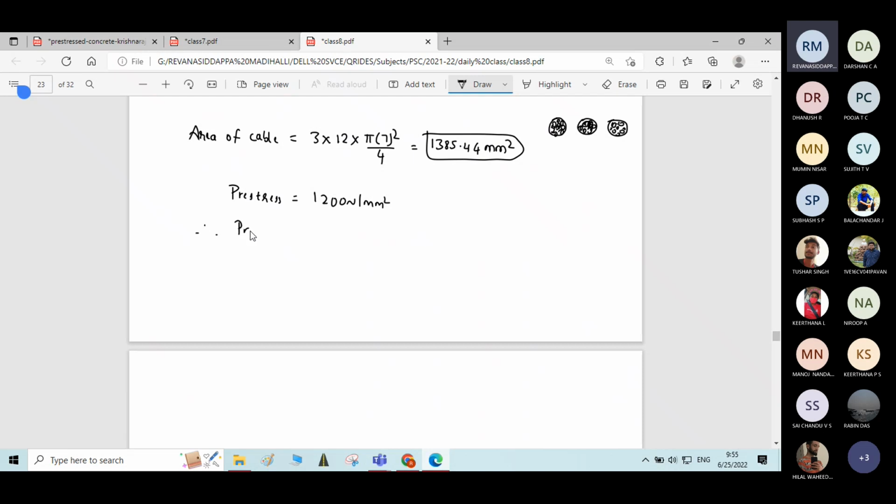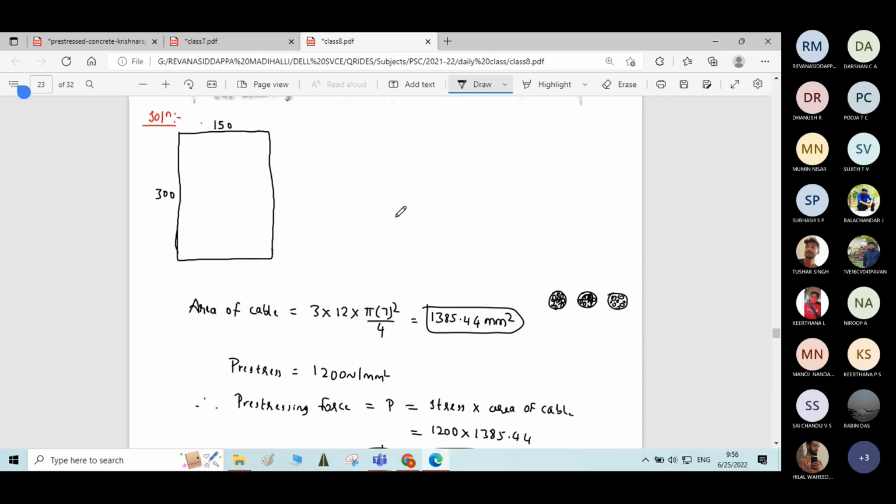Therefore, the pre-stressing force P is equal to stress into area of cable, 1200 into 1385.44. Therefore, pre-stressing force is equal to 1.66 into 10 power 6 Newton.